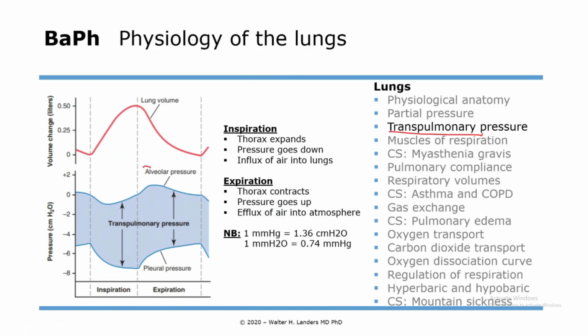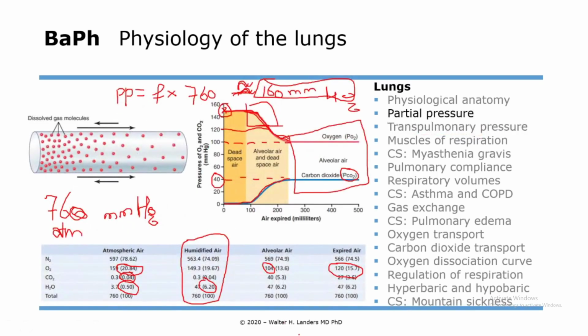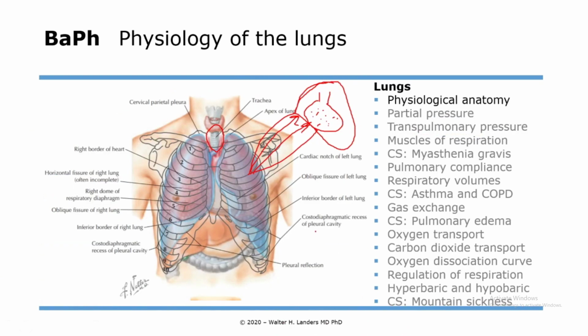What we mean by alveolar is the pressure in the alveoli, the small sacs of the lung, because the lung consists of all kinds of small alveoli. And the pleural pressure is the pressure that is delivered by the pleura. The pleura is a space that you can't really see here.